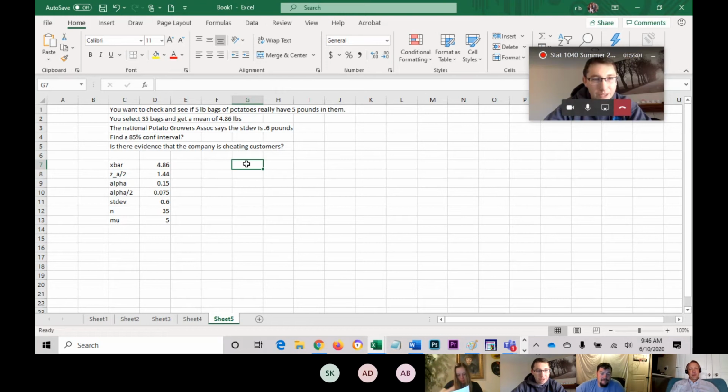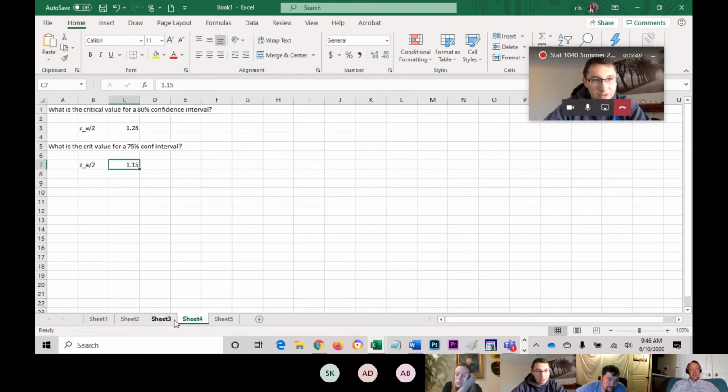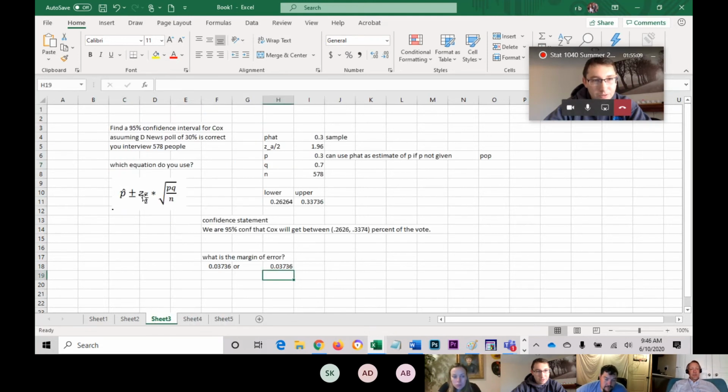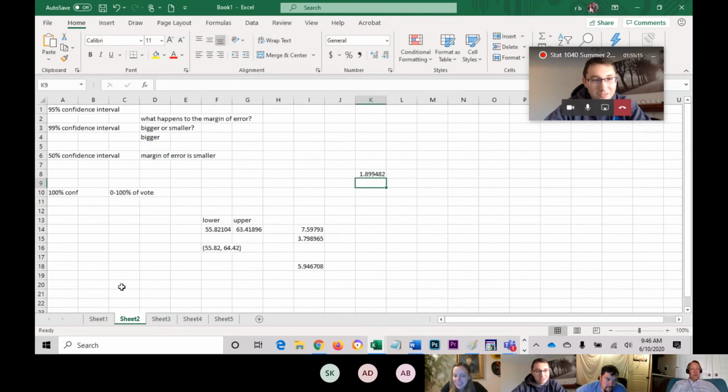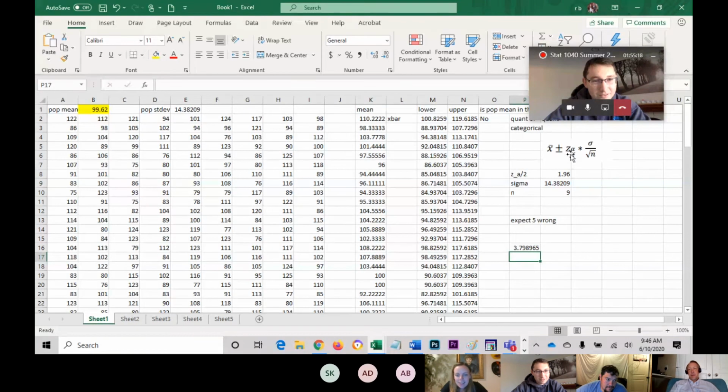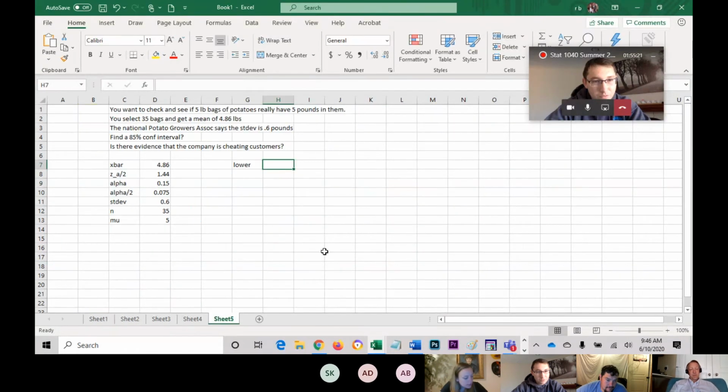So for the lower bound, you'd have x bar minus z sub alpha over 2 times sigma over root n. We're not using the other formula. We're using this formula. So I'll put that there just so we can see it. Lower, upper. Go for it, Easton.